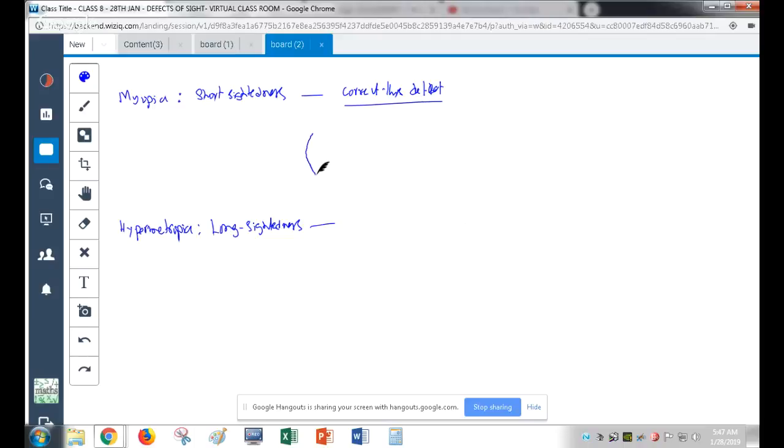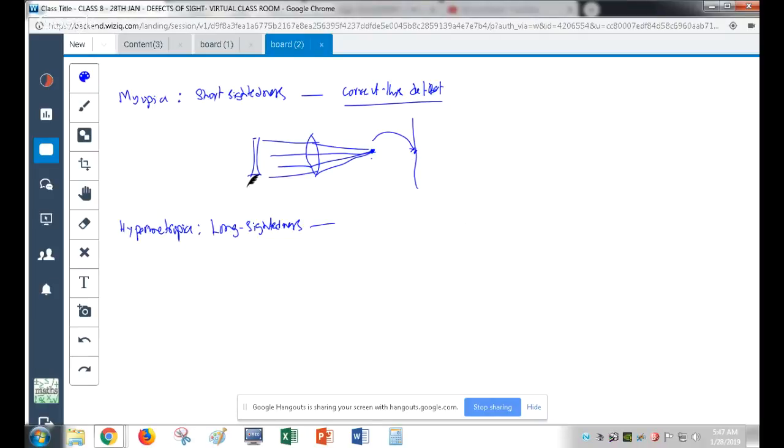Say this is the retina. Okay, this is the focus. The rays will be here. Then he will keep some lenses here, and he will try to bring this focus here. If this focus is brought here, then you will see the objects clearly.